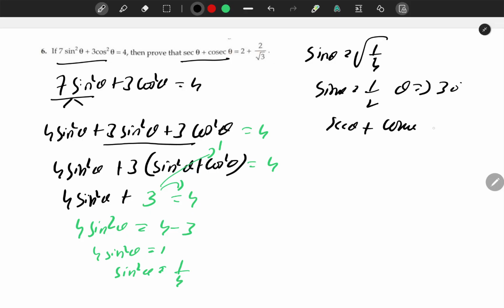Secant theta plus cosecant theta. Secant means hypotenuse by adjacent. Cosecant means hypotenuse by opposite. Or else we can go for directly applying the theta value.